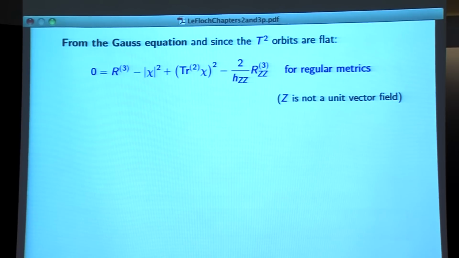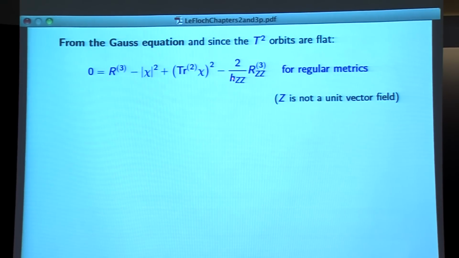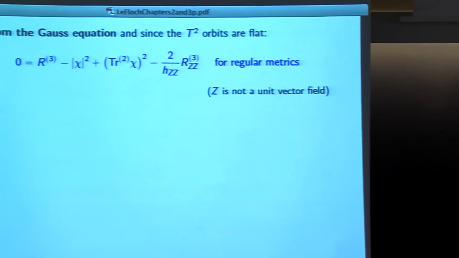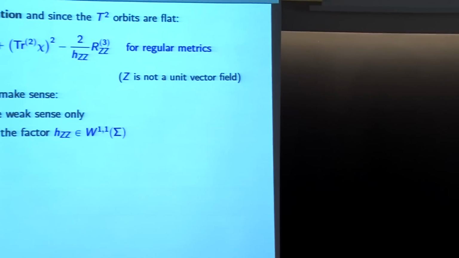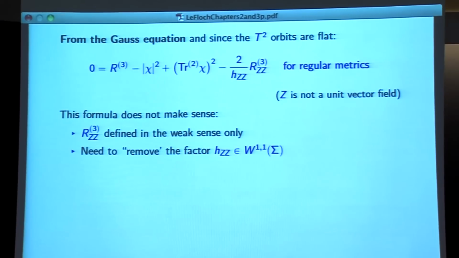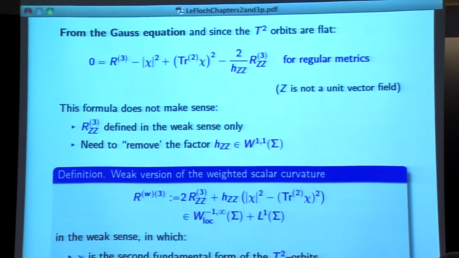I have taken into account that z was not a unit vector. Very often this term is gone because z is unit, so you don't need to write it. But here we need to. And I'm now using that, with the following observations. This formula as it is will not make sense for us. First of all, because in this equation you have chi, so let me go one set of equations down.